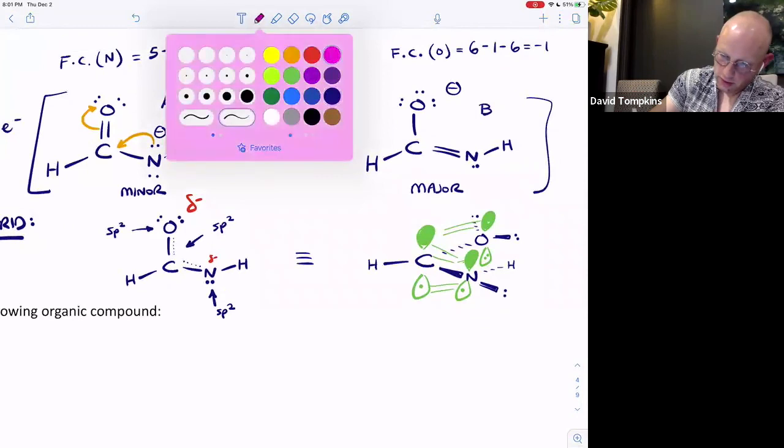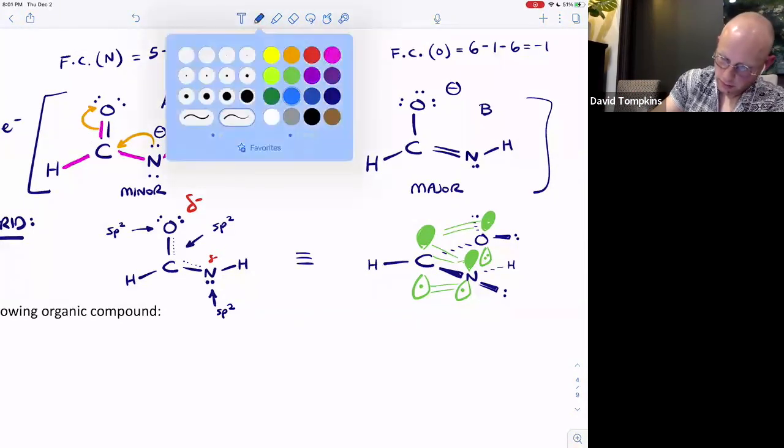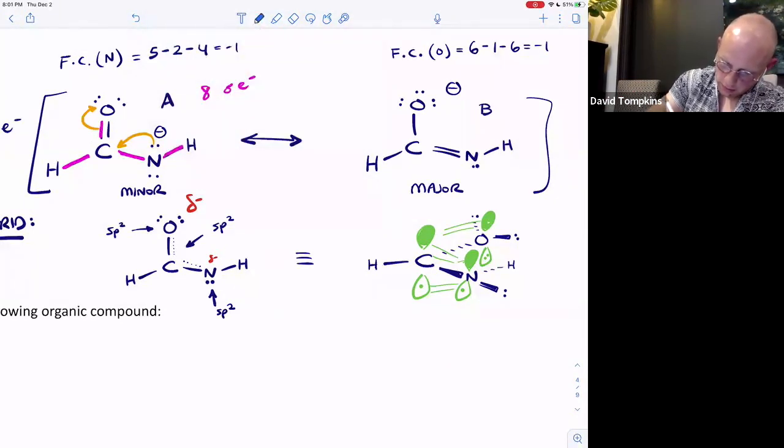So in terms of bonds here, we can think about, of course, the first bond between each pair of nuclei is a sigma bond. There are 8 sigma electrons. And then pi include this double bond here, and then the lone pair on nitrogen that can become a pi bond.